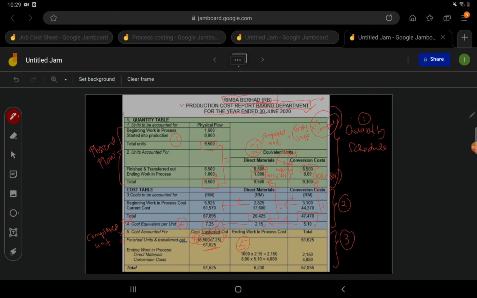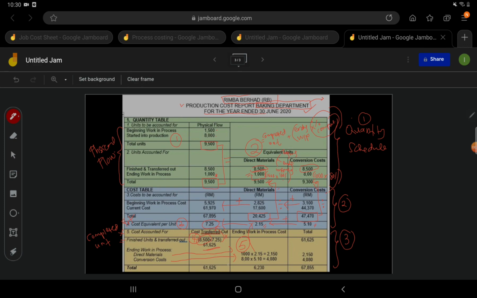And then lastly, step number 5, ending work in process cost. Okay, for the ending work in process cost, the ending work in process unit multiplied by the cost per equivalent unit for direct material and for conversion cost.